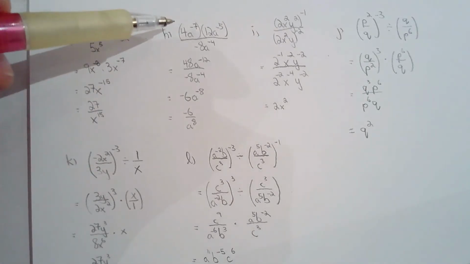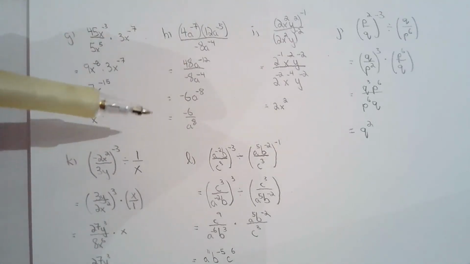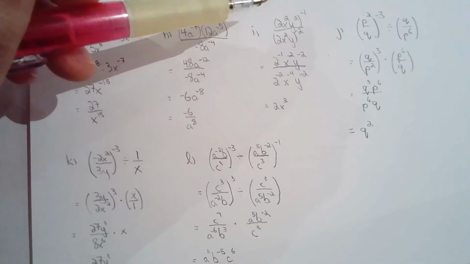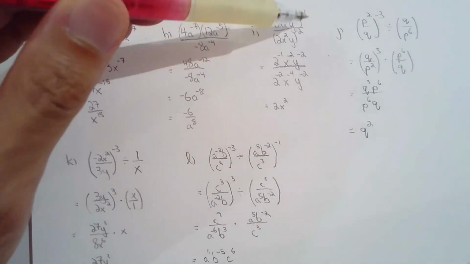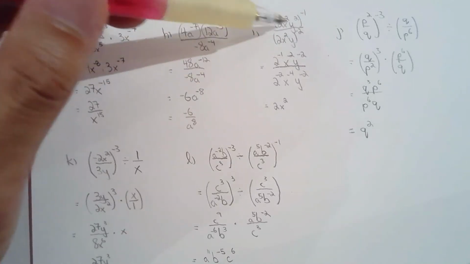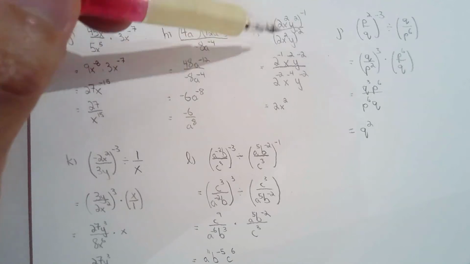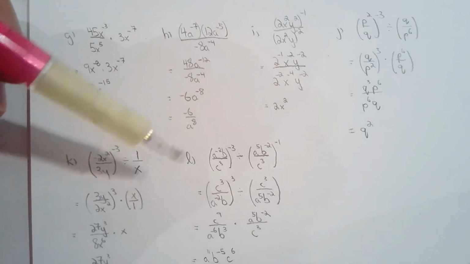For h, I simplified the numerator and then I divided. I is pretty much the same strategy as h, except I have an extra step. I have to deal with the exponents before I divide. So I simplified the numerator and then simplified the denominator, and then I was ready to divide.